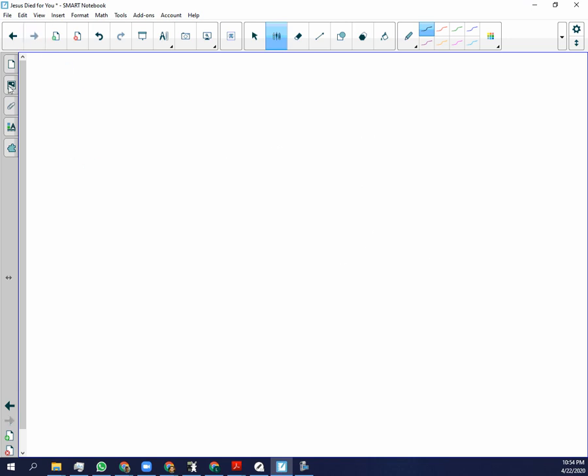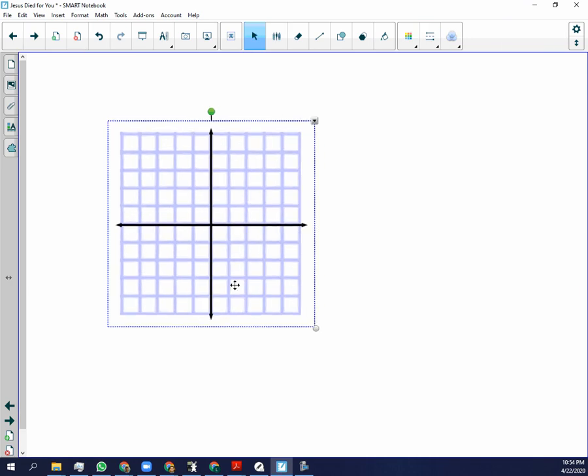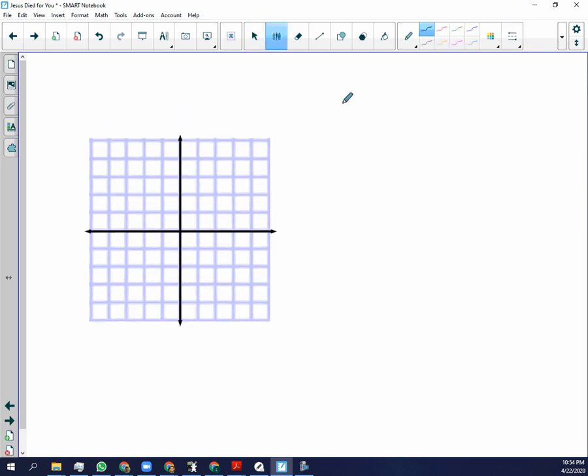Now, how about if one of the coordinates is 0? Let's say 0, 3. The x coordinate is 0. The y coordinate is 3. Well, it may be obvious to you. 0 on the x is right here, and 3 on the y-axis is right here.